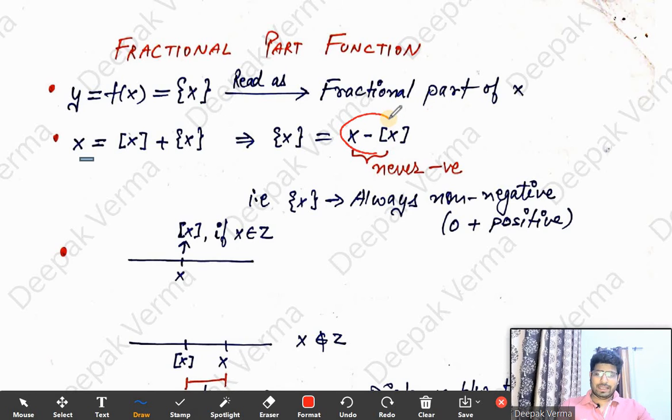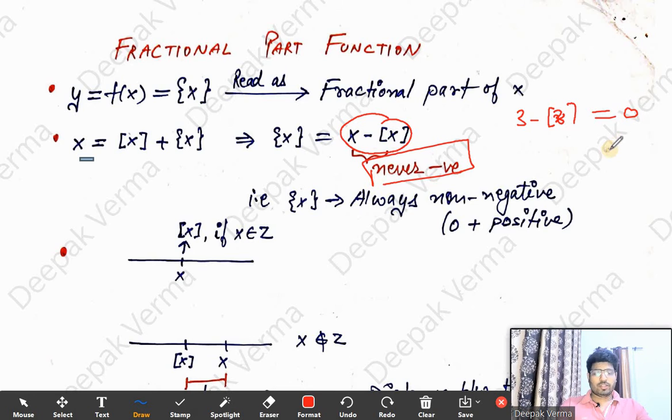Now look yourself. This part, x minus [x], can never be negative. How? For understanding, take an example: let x equal 3. Then [3] is 3, and the answer will be 0. This is 0, not negative, not positive.